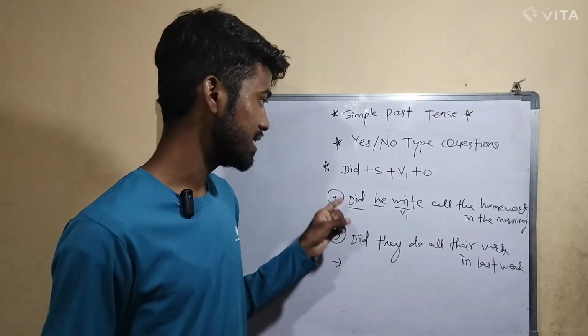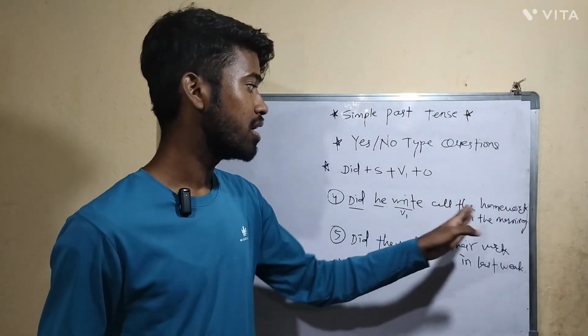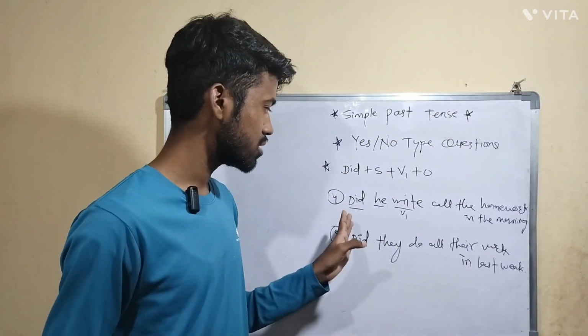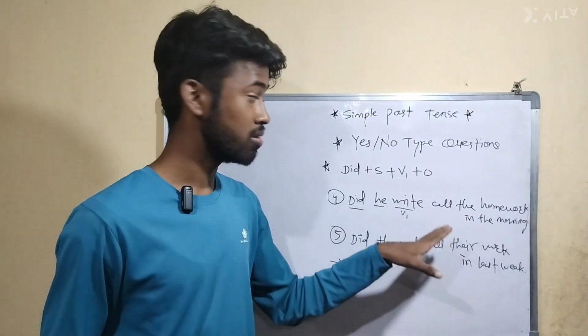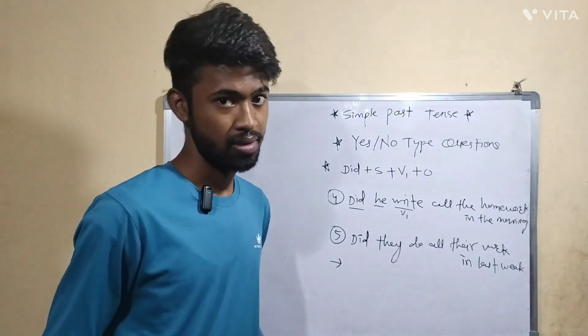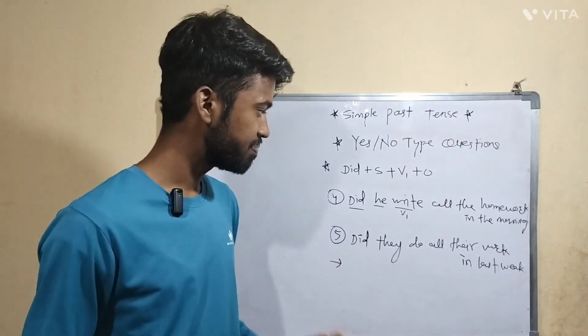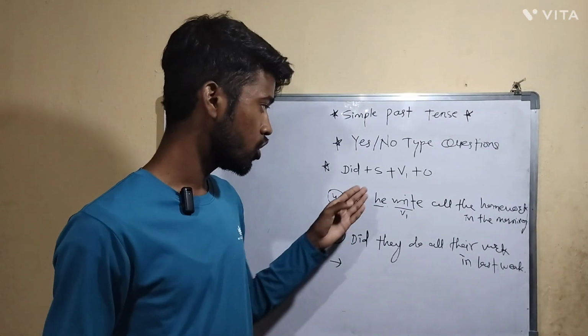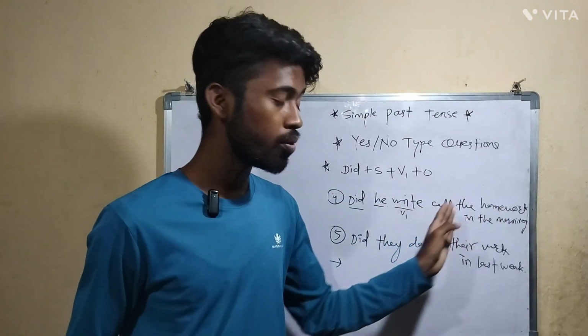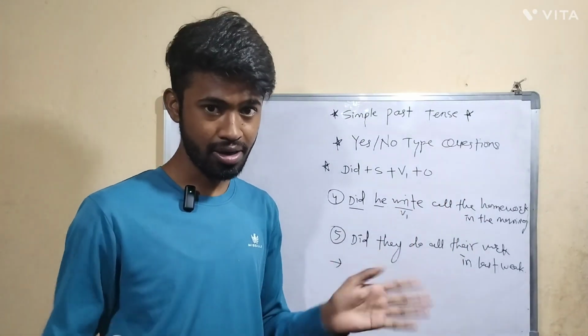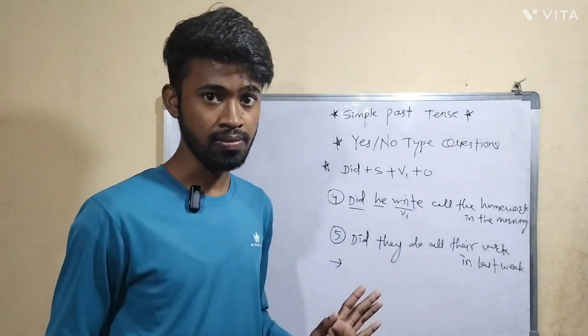Let's take this one. Did he write all the homework in the morning? What is the positive answer? Yes, he wrote all the homework in the morning. In positive, only the second form of verb. Okay. In negative, no, he did not write all the homework in the morning.